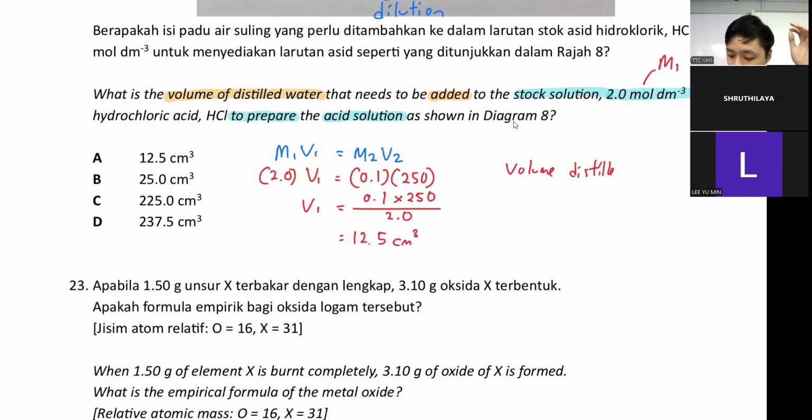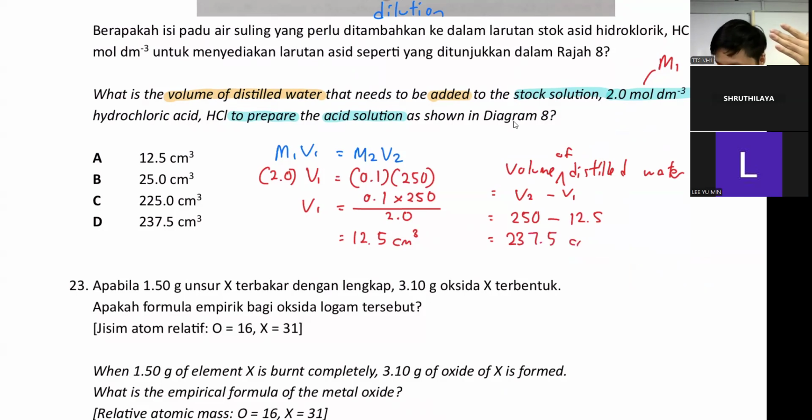It means your final answer is V2 minus V1. Then only correct: 250 minus 12.5. You added 237.5 cm cube of water, which is the final answer.